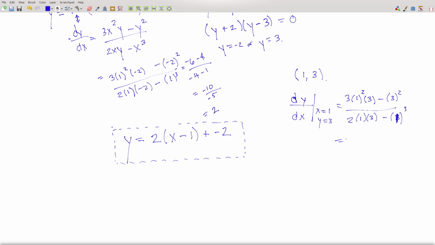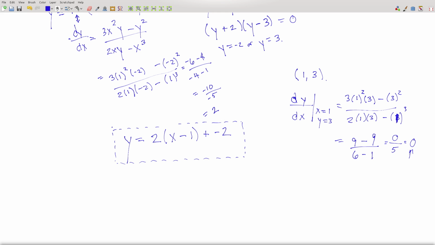So let's see what this comes out to. 3 times 1 squared times 3 is 9. 3 squared is 9, so it's 9 minus 9 over 2 times 1 times 3 is 6, minus 1 cubed is 1. So 9 minus 9 is 0, 6 minus 1 is 5. 0 over 5 is 0.